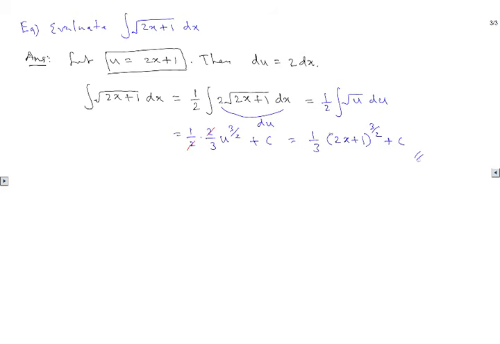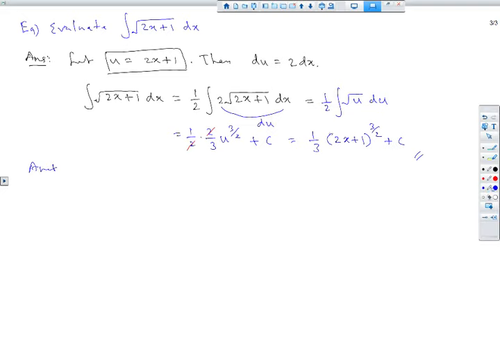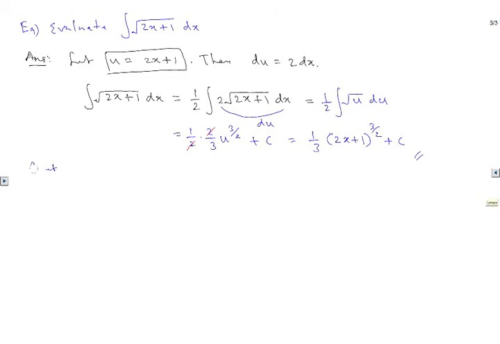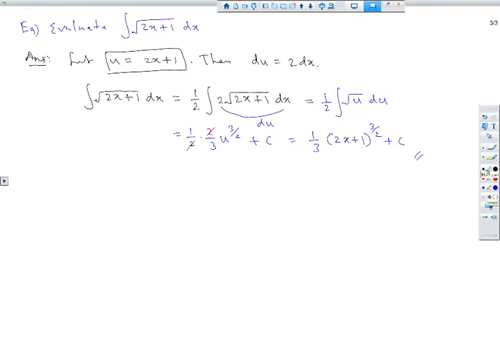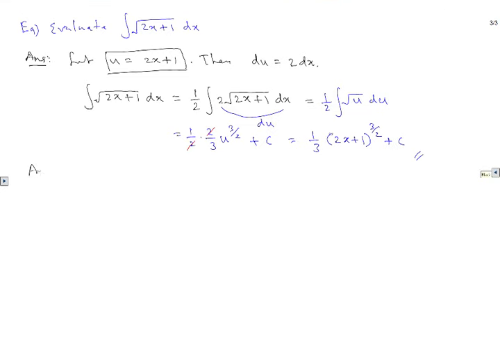Let's say another method. Let's look at another substitution.